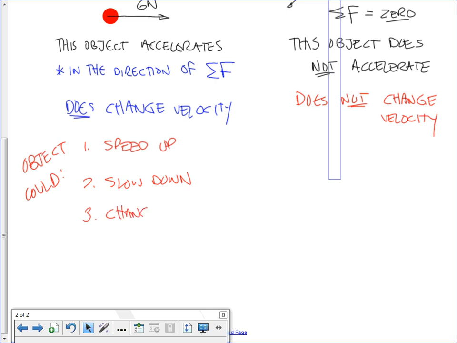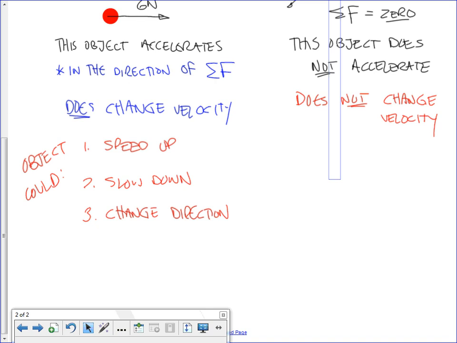Change direction. Any one of those things could be happening. We don't know which one it is. It all depends on how the direction of the object's acceleration compares to the direction that it's currently moving. If you move in one direction and also accelerate in that direction, you speed up. If you move in one direction and accelerate in the opposite direction, you slow down. And if you accelerate in a direction that's not the same or opposite, that can make you change direction.